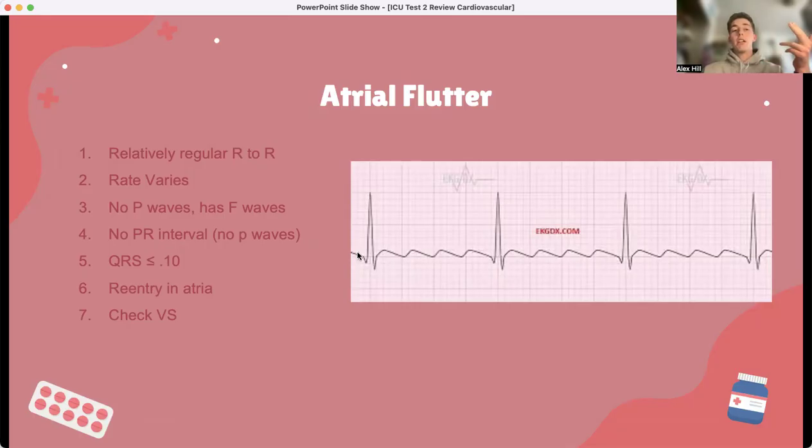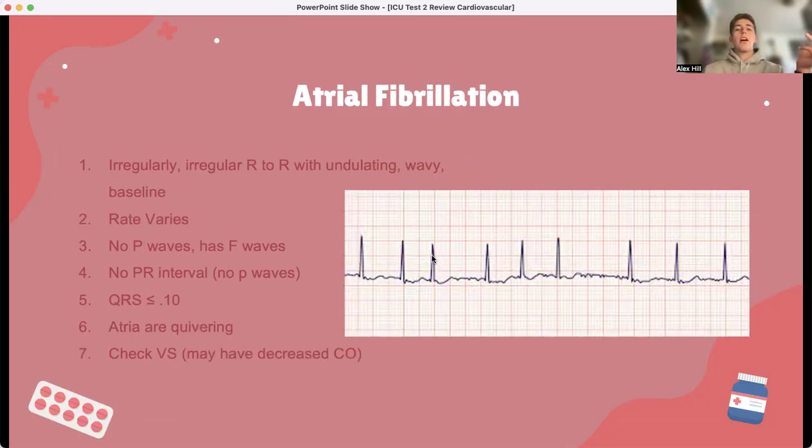Atrial flutter is consistent, so you have these consistent QRS complexes. But with AFib, these are not consistent. It's fibbing, is the way I think of it. Both fib and flutter have F waves.